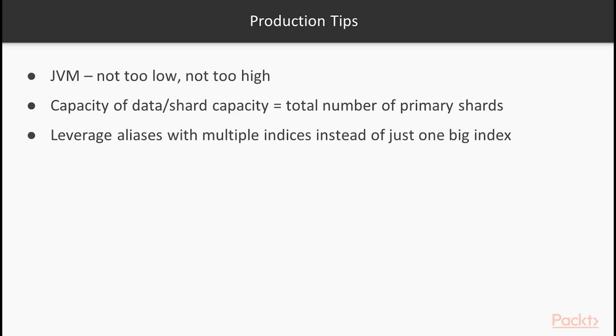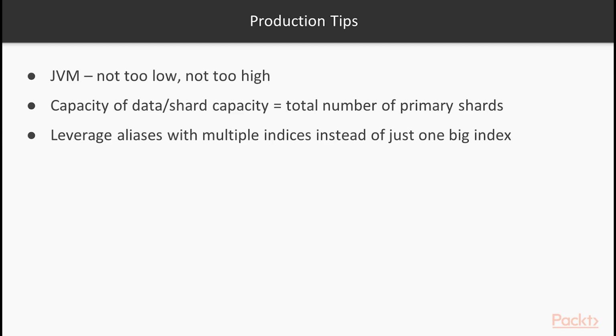As such, leverage aliases to create new indices. In doing so, you can add new data to a new index without having to change anything. Just simply add the new index to the alias, and that's it. It becomes searchable.